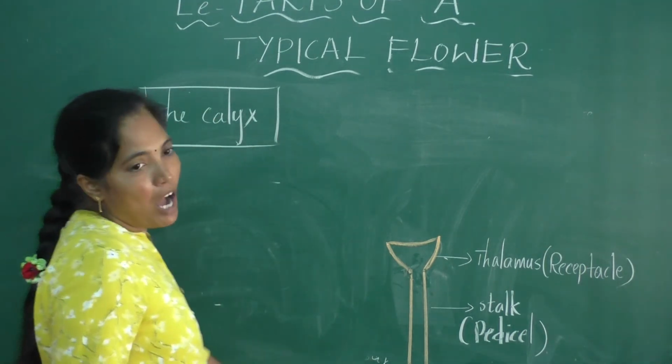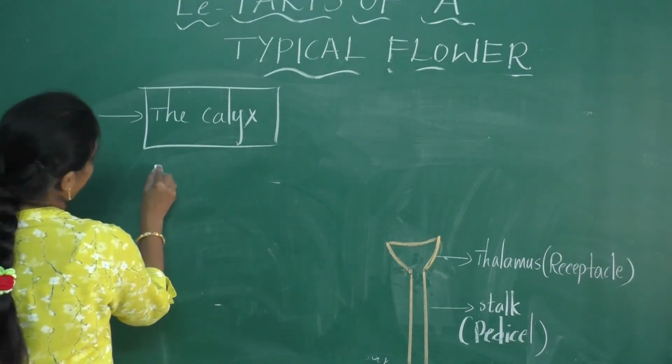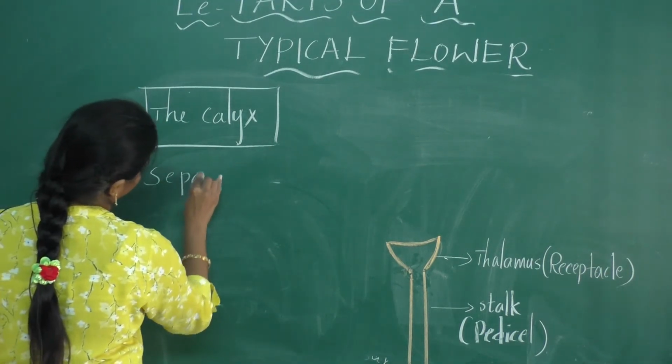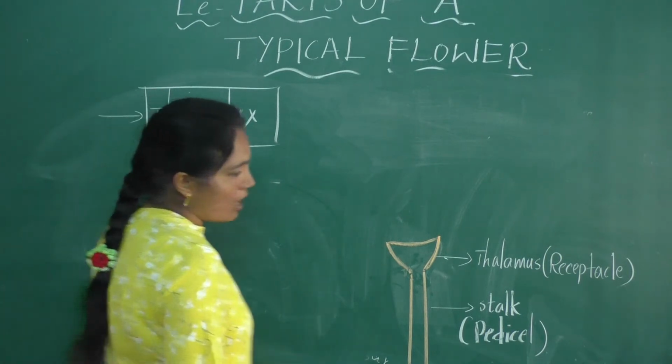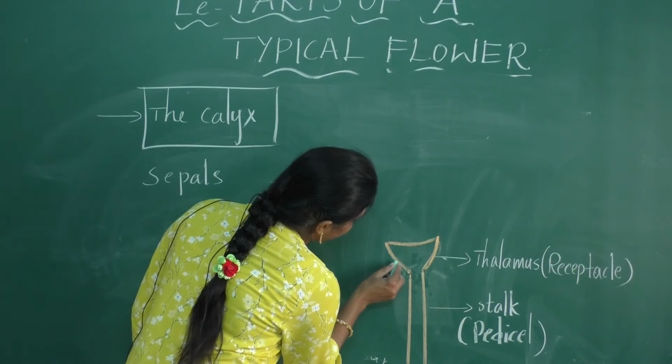Calyx is the outermost whorl of the flower. Its constituent units are sepals. Now I will draw that part here, then you are able to understand very clearly.